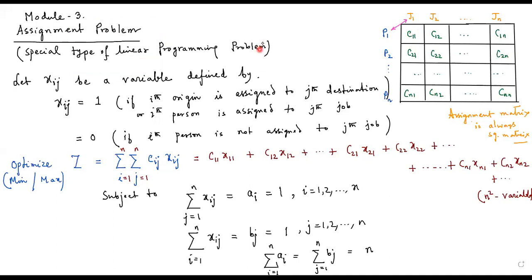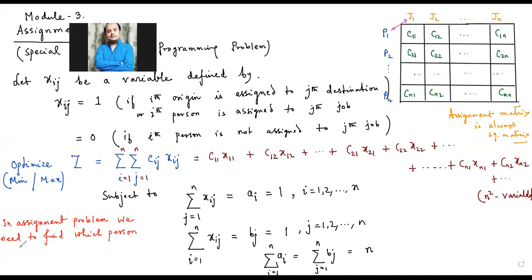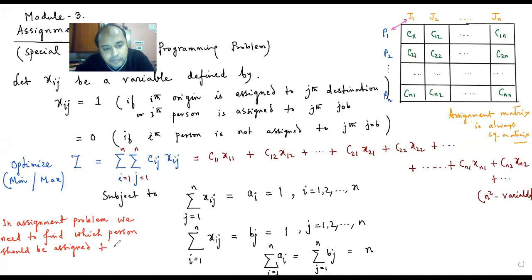The question is, in the assignment problem, we need to find which person should be assigned to which job so that the total cost or total time involved is minimum.